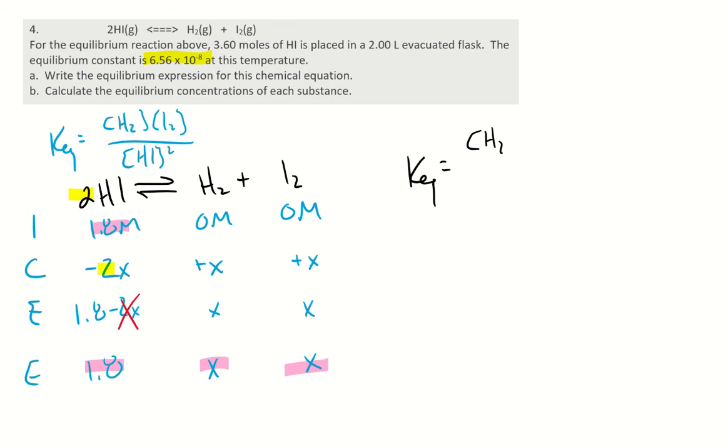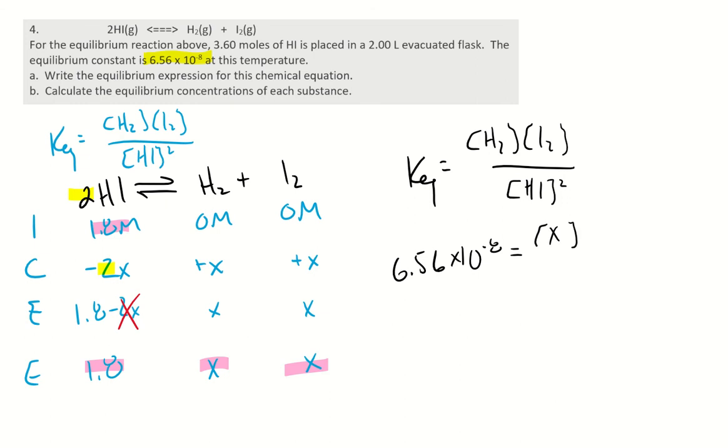KEQ, again, equals H2 times I2 over HI squared. And in this case, our KEQ is 6.56 times 10 to the minus 8 equals x times x over, in this case, 1.8 squared. And as you might notice, that's going to significantly simplify our math.